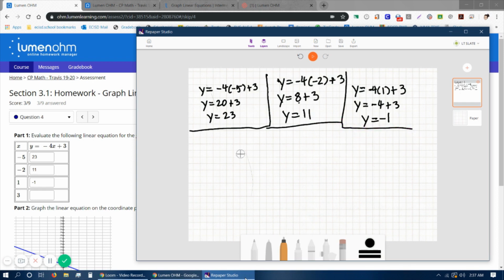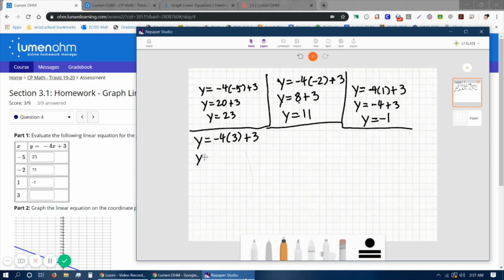For the last part, we have x equals 3. If we set that up, we have y equals negative 4 times 3 plus 3. Again, we'll multiply negative 4 and positive 3. 4 times 3 will give us 12, and a negative times a positive will be negative.